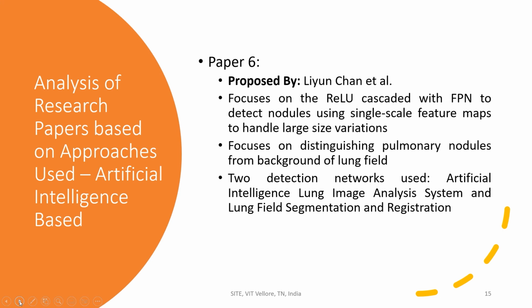So this paper focused more on two detection networks, which are the artificial intelligence lung image analysis and lung field segmentation and registration. So basically, with the help of this, we're able to identify and register all the nodules and keep those in the learning stage, so that the model is able to distinguish the area better.